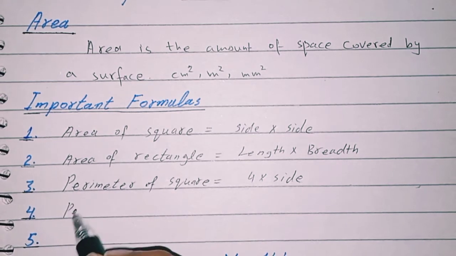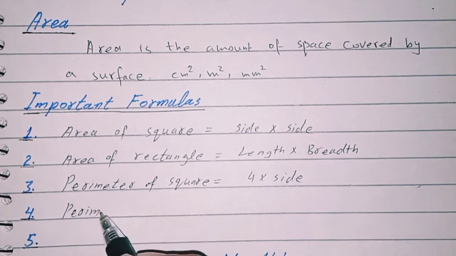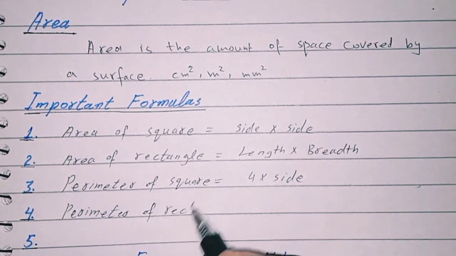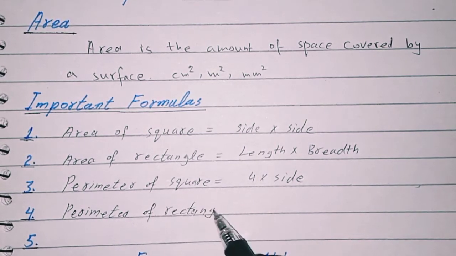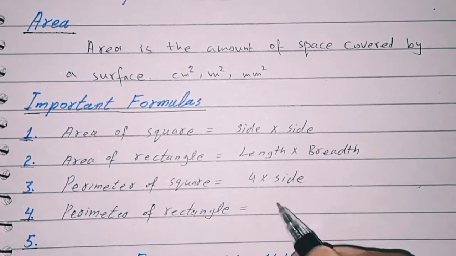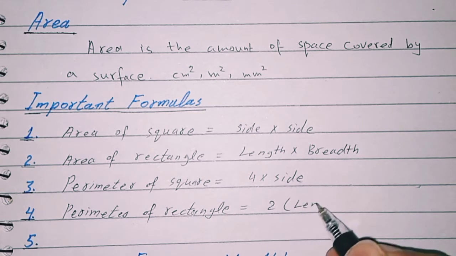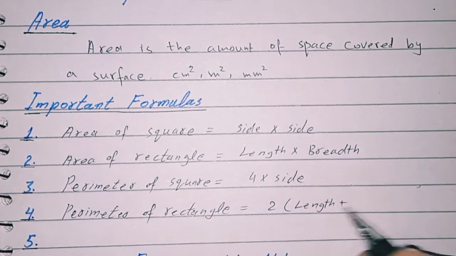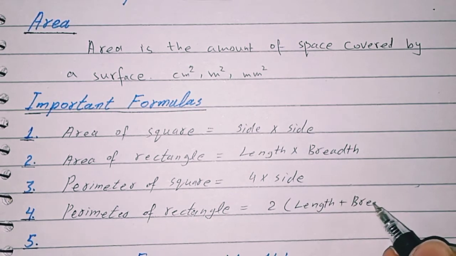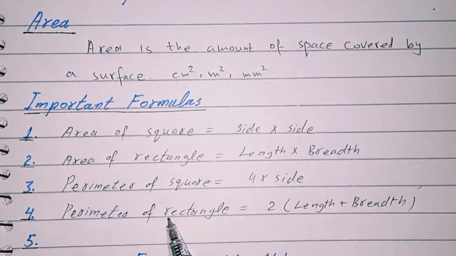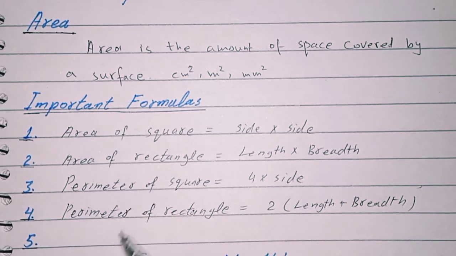And perimeter of rectangle is equal to 2 into length plus breadth. If we add length and breadth and multiply with 2, that will be equal to perimeter of rectangle, meaning to say total length of rectangle.